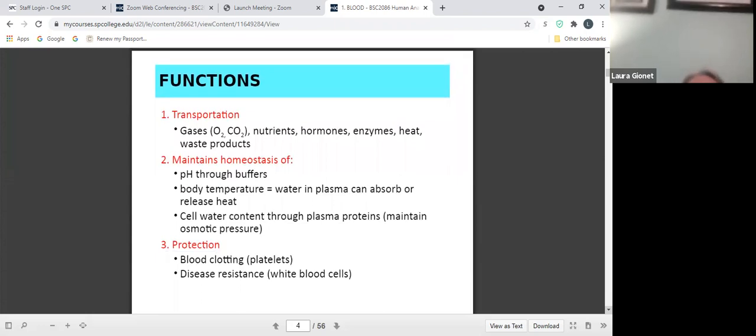So functions, blood transports primarily any substance that can be dissolved in plasma, and essentially which is water, can be mobilized.